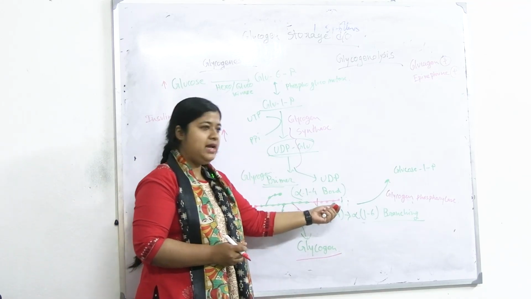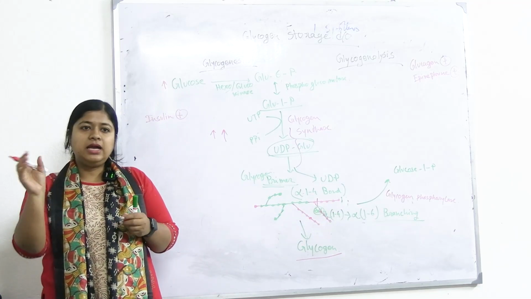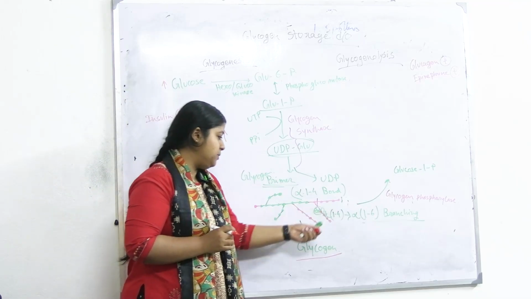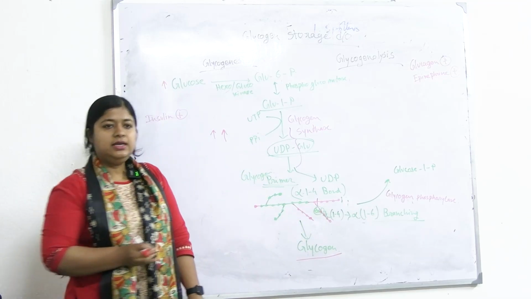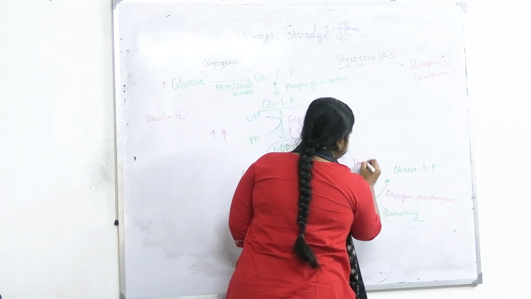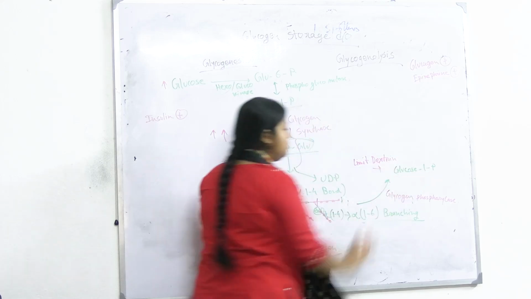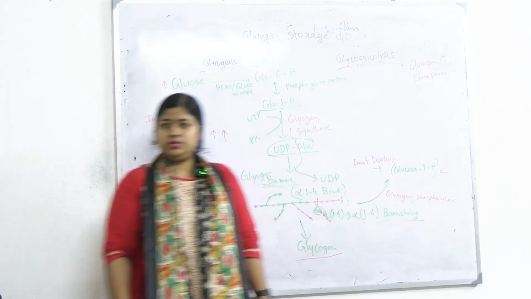This structure, where 4 residual glucose residues are attached from a branching point in any direction, is known as limit dextrin. So initially limit dextrin plus n number of glucose 1-phosphate will be produced, right?